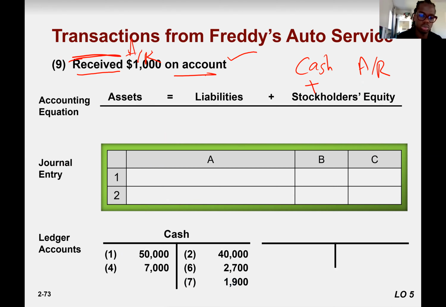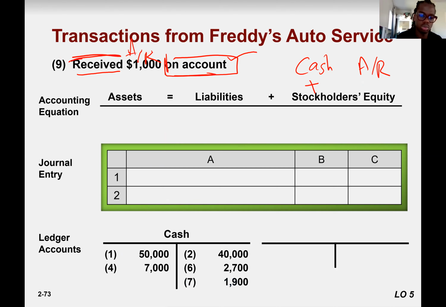That's why there's the word received. If the question was paid 1,000 on account, it means cash is going out from the business. And normally when cash is going out of the business, it is either to pay for expenses or to pay suppliers. If the question says paid for expenses, then it means expenses. If the question says on account, it means you purchased raw material on credit from the supplier and now you are paying back, so that would be accounts payable.